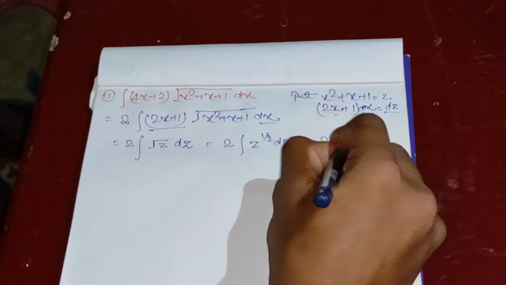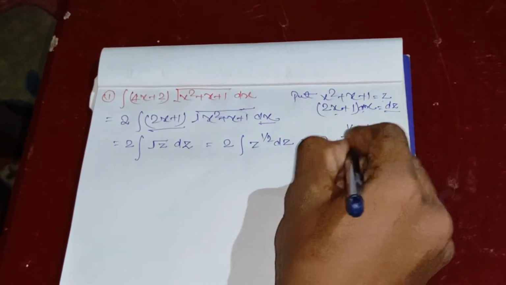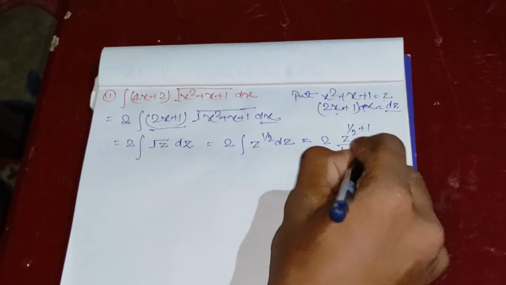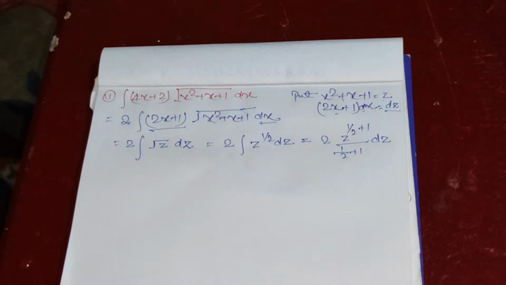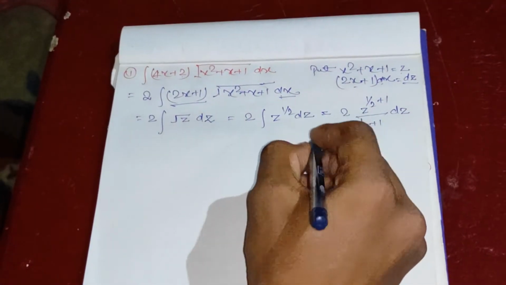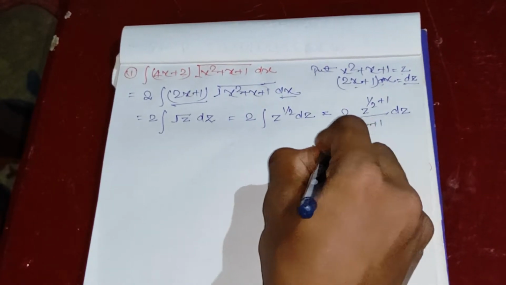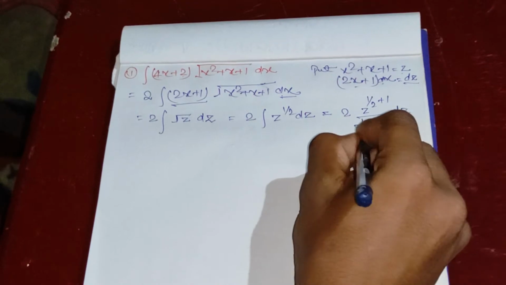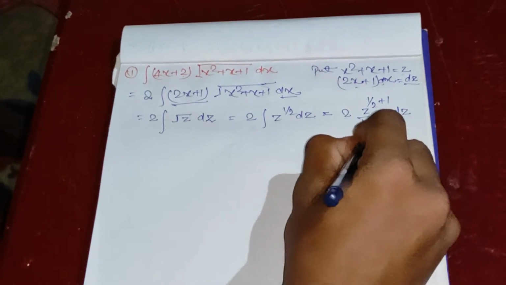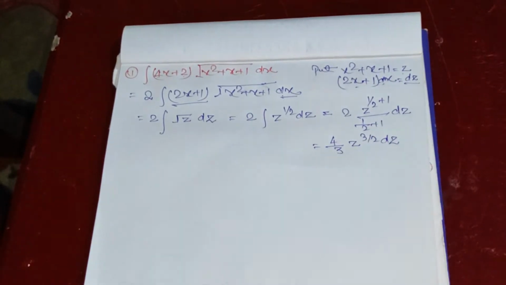So it becomes 2 times z to the power (1/2 + 1) divided by (1/2 + 1). So this becomes 3/2, meaning 2/3, so we get 4/3 z to the power 3/2.